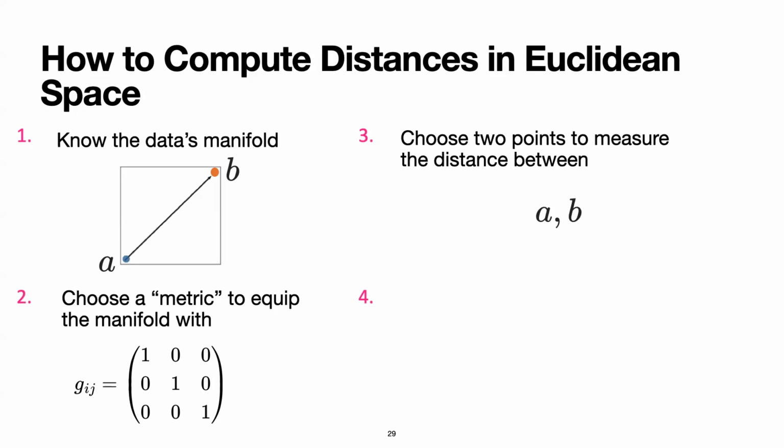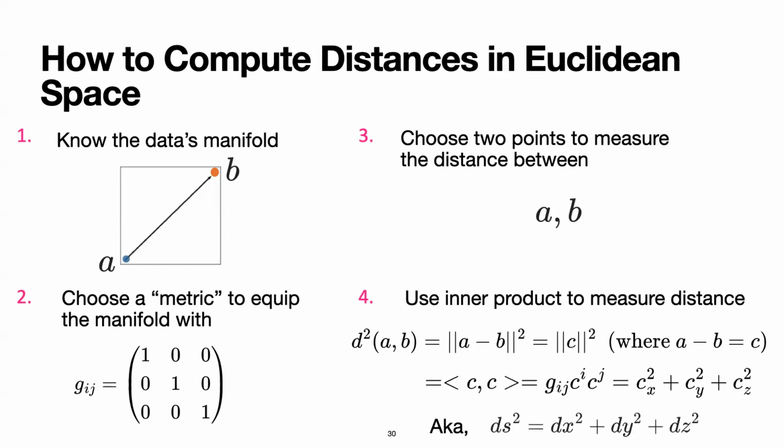Then we choose 2 points to measure the distance between, in this case, A and B. And then we use the inner product to measure distance between 2 points. So in this case, distance is equal to the squared norm of A minus B, which we're gonna call C, which is equal to the inner product of C with C, which is equal to this thing.